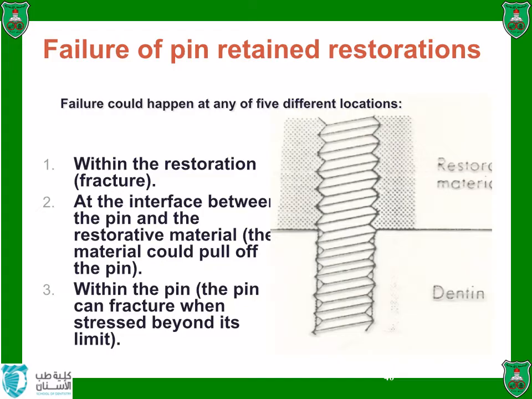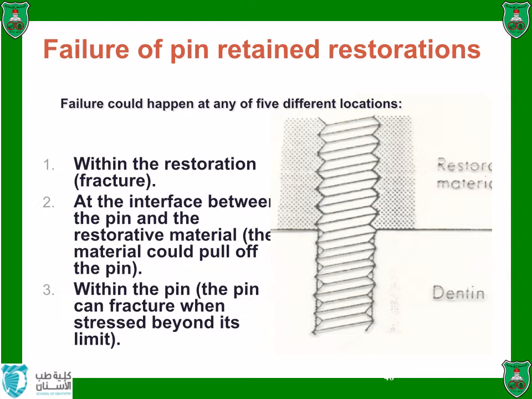Now we have some failures of pin-retained restorations. The failure could happen at any of five locations. It could be within the restoration itself, and we will have fracture of the restoration. It could be at the interface between the pin and the restorative material. The material could pull off and the pin stay in place. It could be within the pin itself.